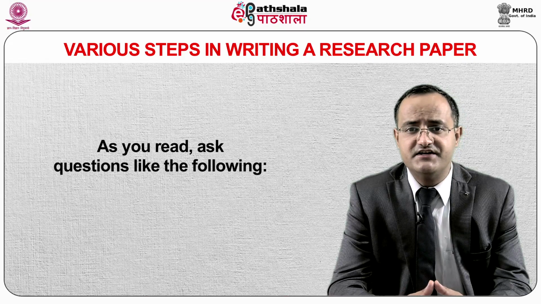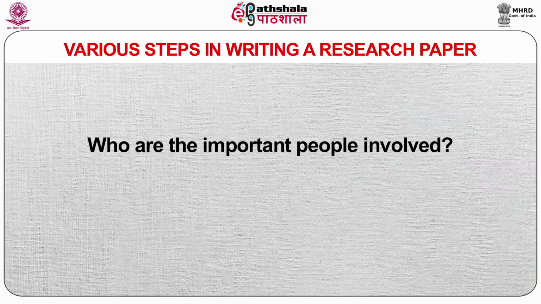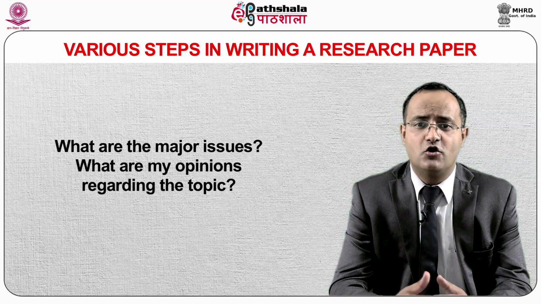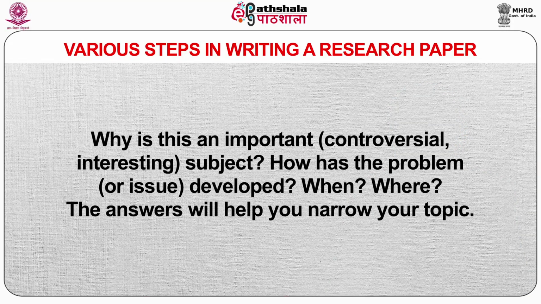As the researcher reads, ask questions such as: who are the people involved in the research, what are the major issues, what are the opinions of the researcher regarding the topic, why is this topic important, controversial or interesting, how has the problem developed, when did it develop, where did it develop. The answers will help the researcher to narrow the topic.